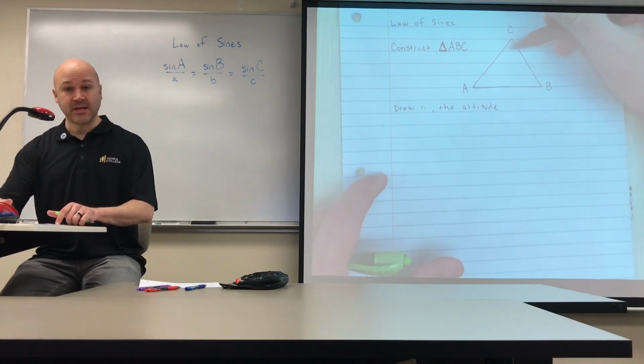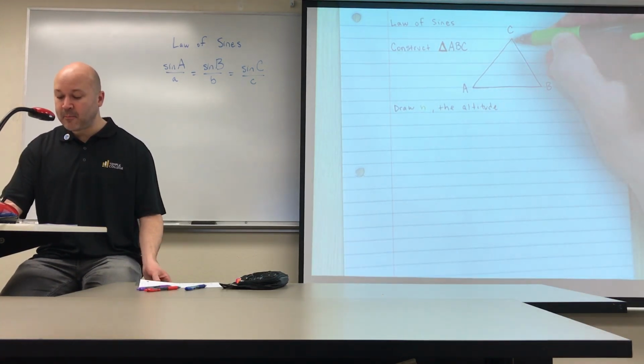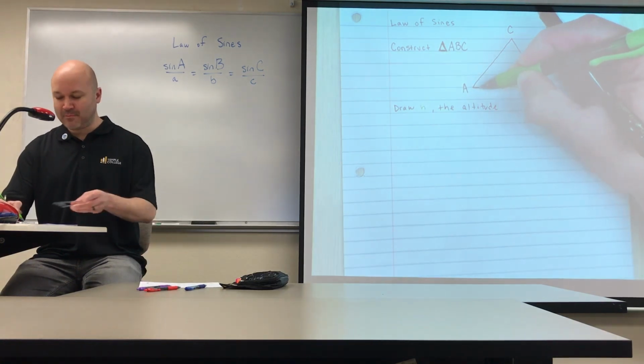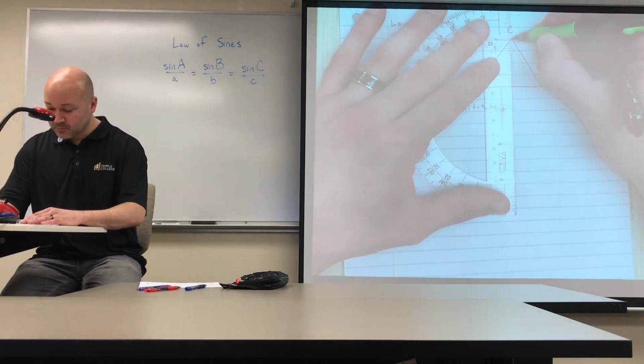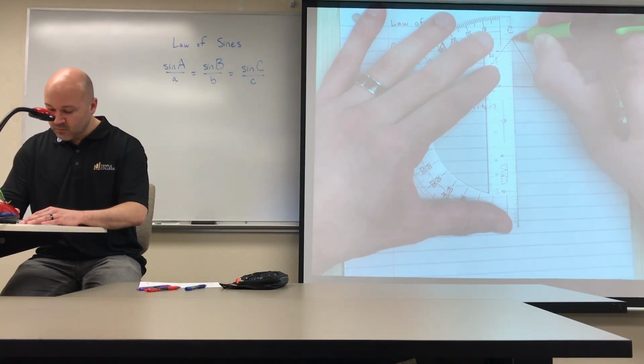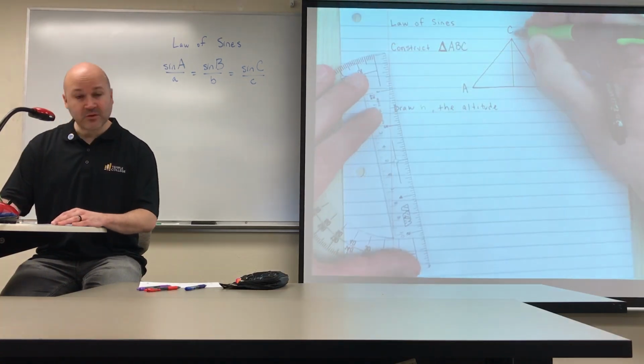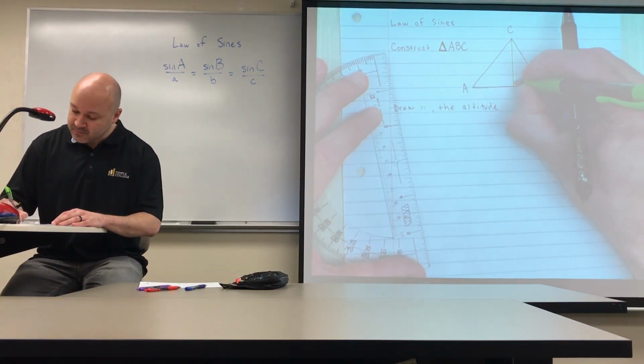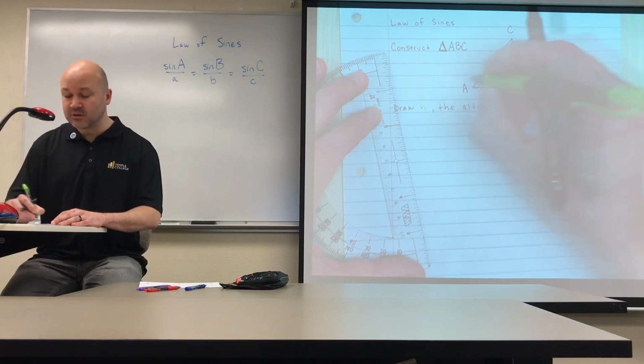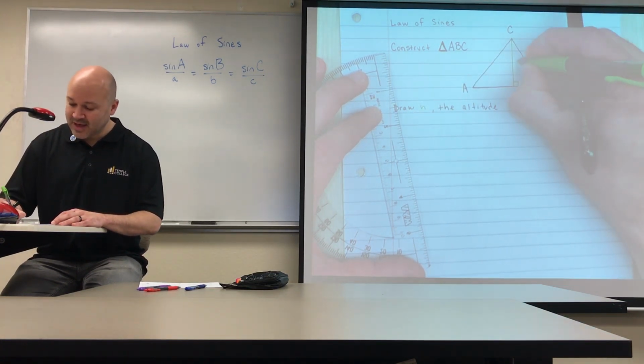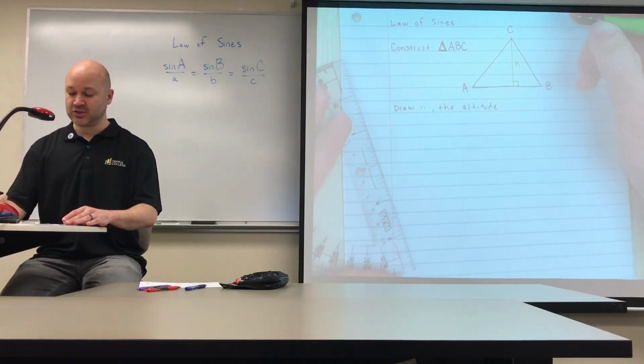So from angle C, I'm just going to drop a perpendicular line to that base AB. I just draw a line straight down in such a way that it meets perpendicularly with line segment AB. And I'm going to call that little h.